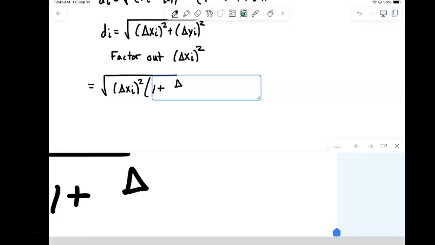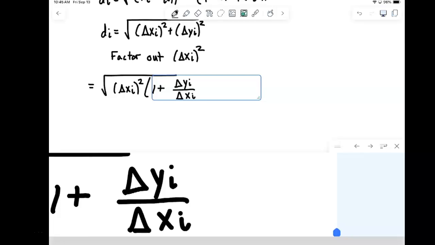So we have to divide by delta xi. So we actually get delta yi over delta xi all squared.